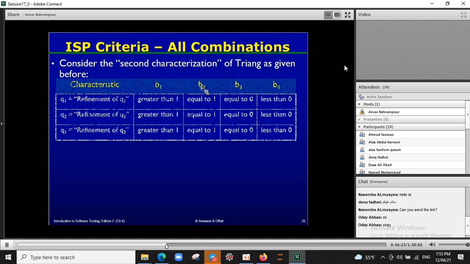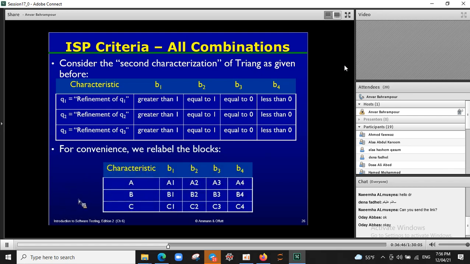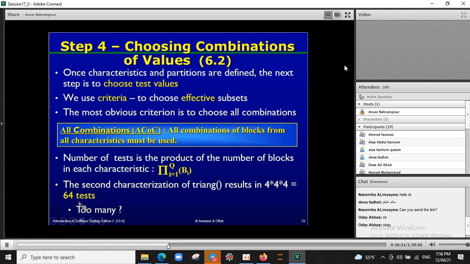The second characterization of the triangle, as you saw before, is explained via this table, and we want to show how to compute these 64 tests.